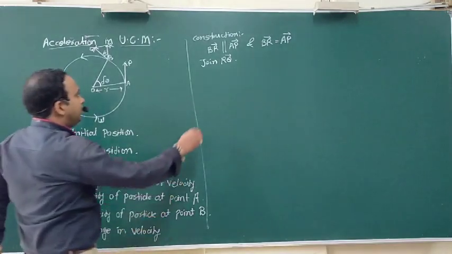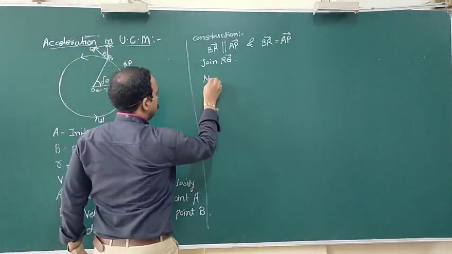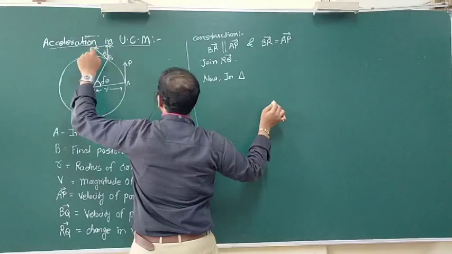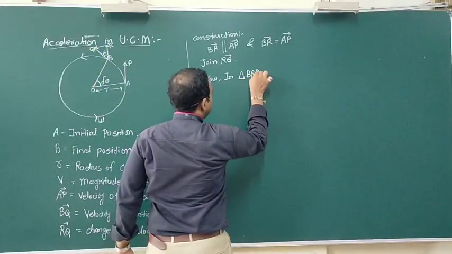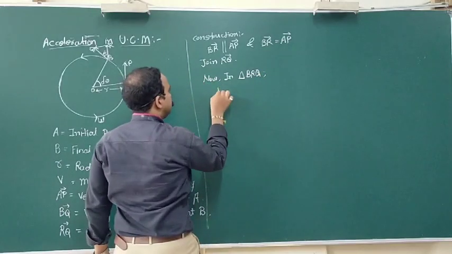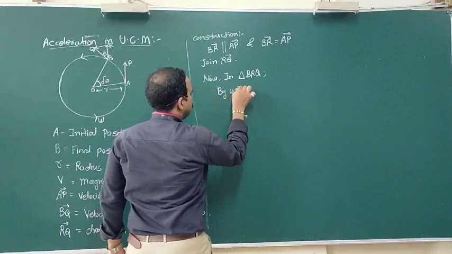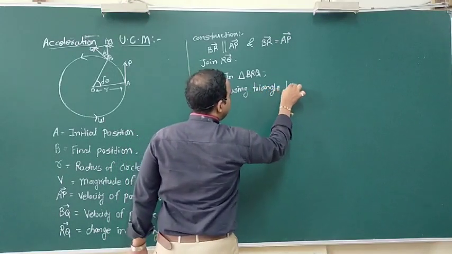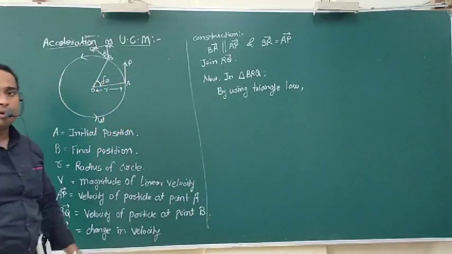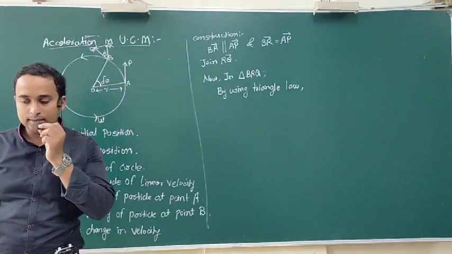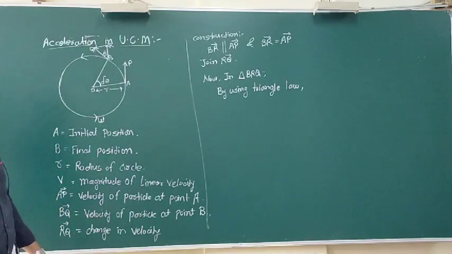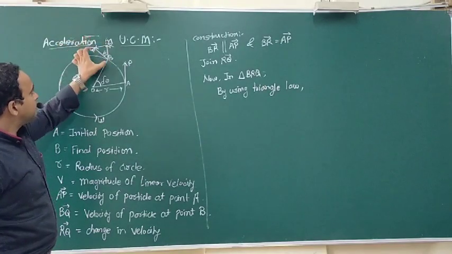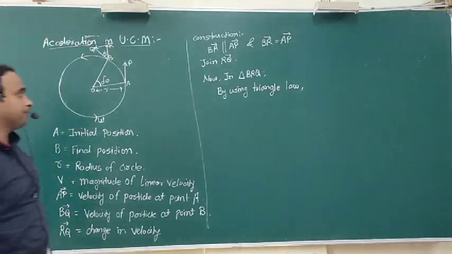So in triangle BRQ, using the triangle law, which is P bar plus Q bar is equal to R bar. So BR bar plus RQ bar is equal to BQ bar.